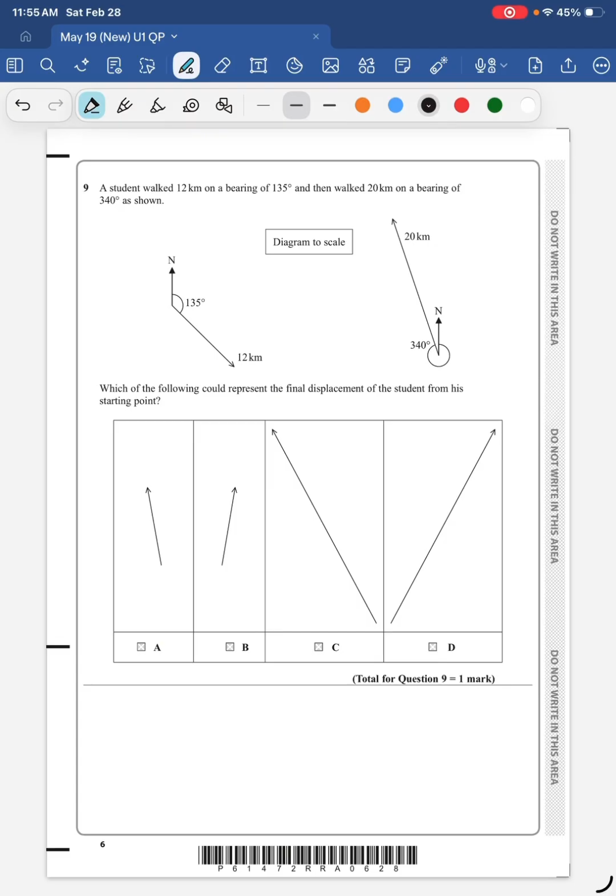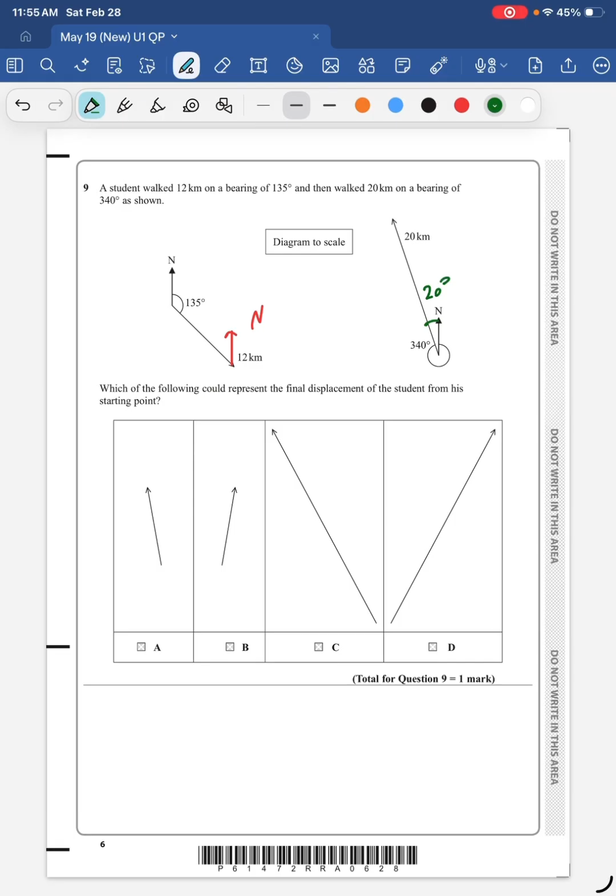So if we come here and draw the north, so the true north will be this one, right? Oops. So let's try to draw it again. Okay, that's the north. And then it says that it travels 340 degrees, which means that this angle is 20 degrees, right?